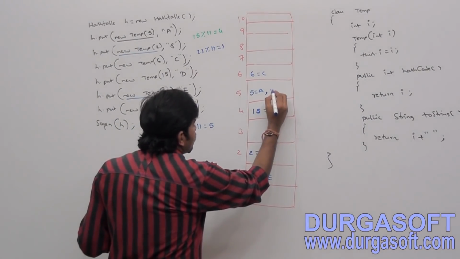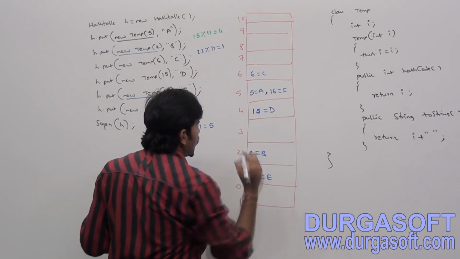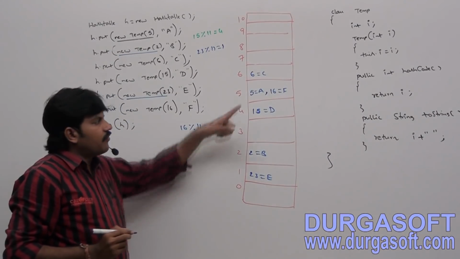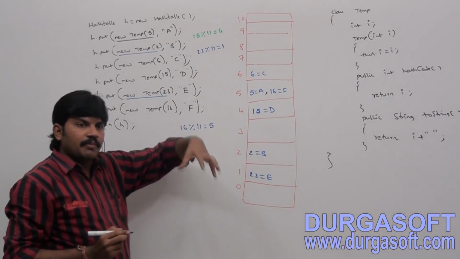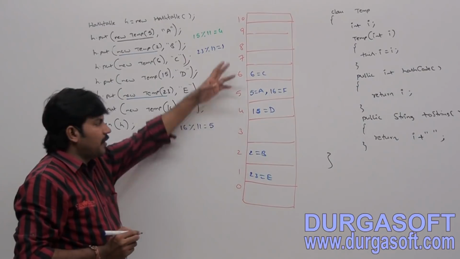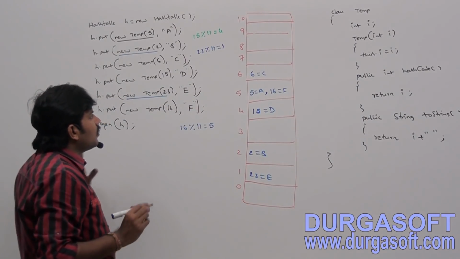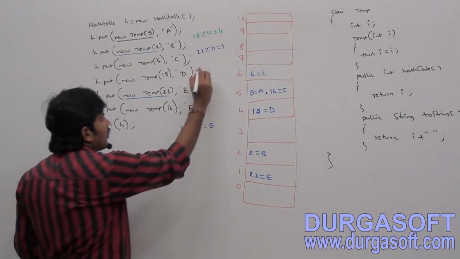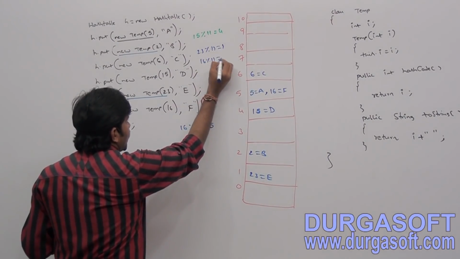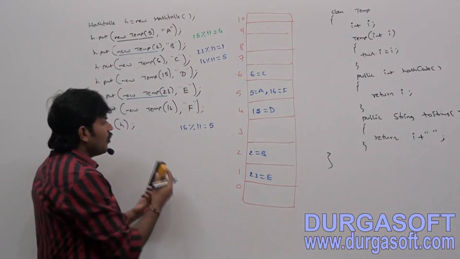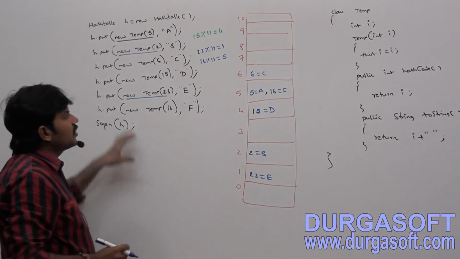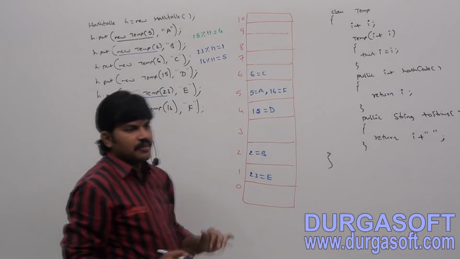That's why 16 is equal to f will be placed, because within a bucket multiple entries we can store, no problem at all. 16 percentage 11 is equal to 5. Okay, that's all. All key value pairs are stored in the hash table, right?